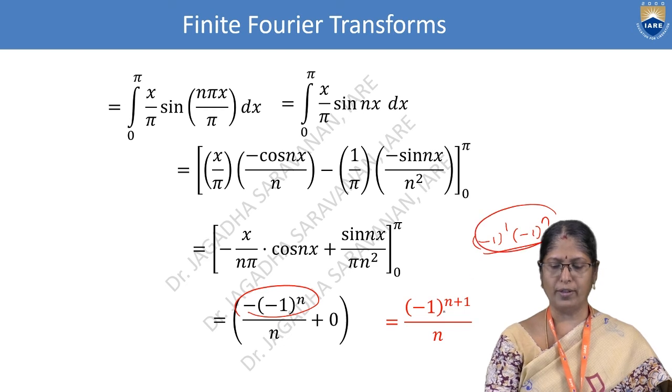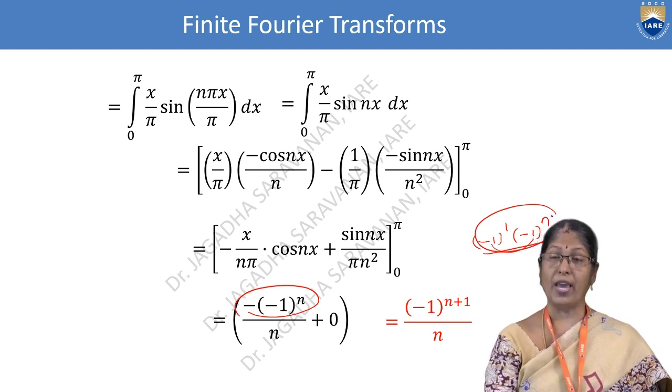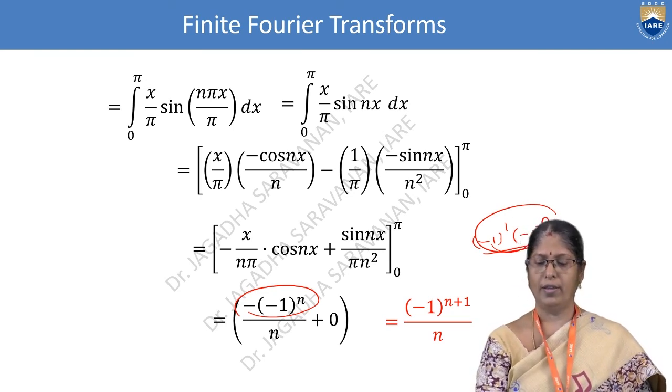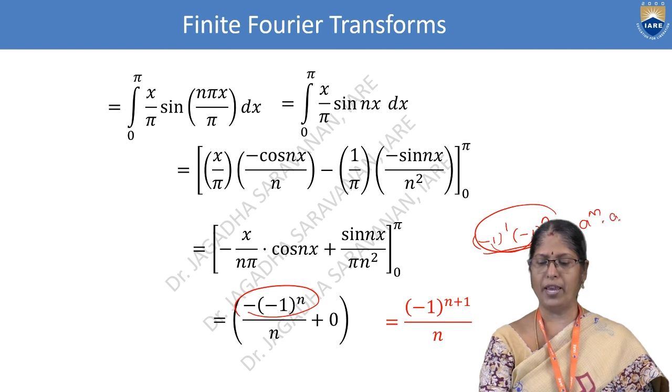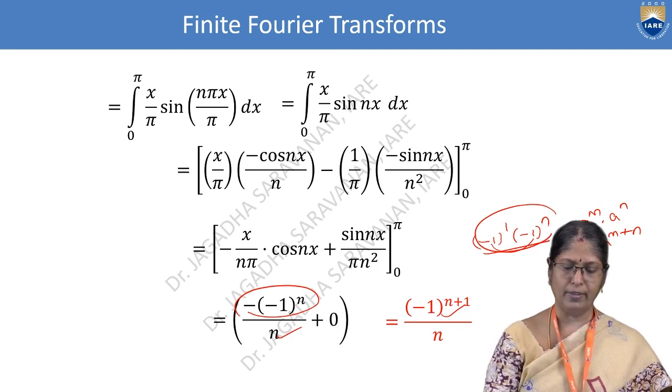Putting this together, the bases are minus 1 and minus 1, so we added the powers according to the exponential law: a power m into a power n is a power m plus n. Using that, it is written as minus 1 power n plus 1 divided by n.